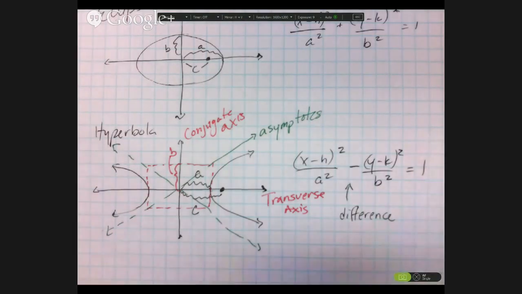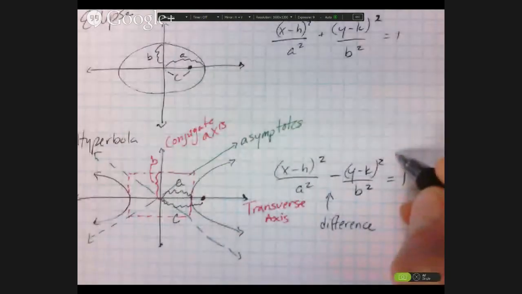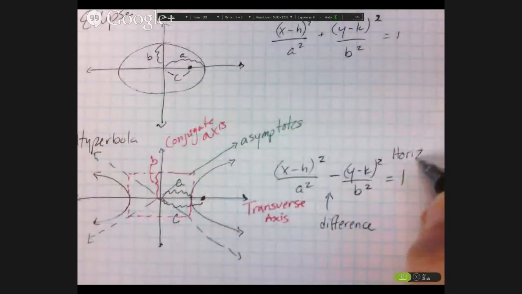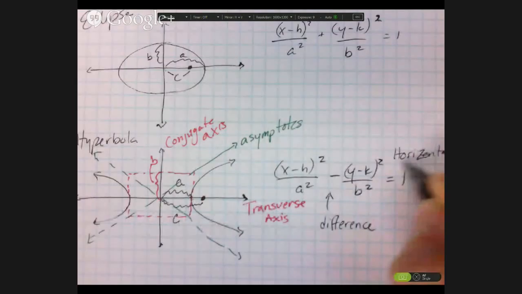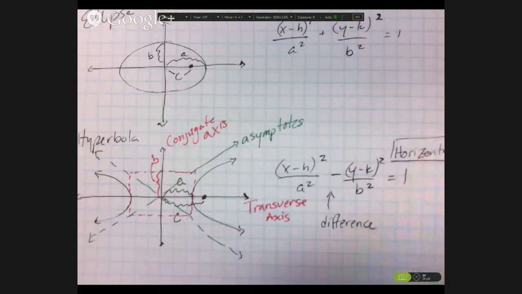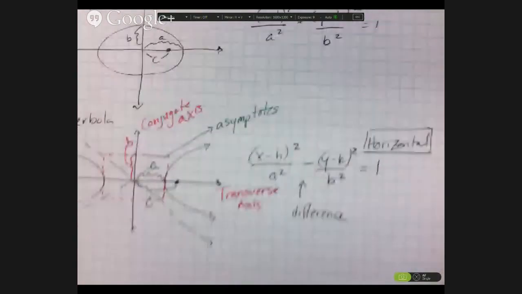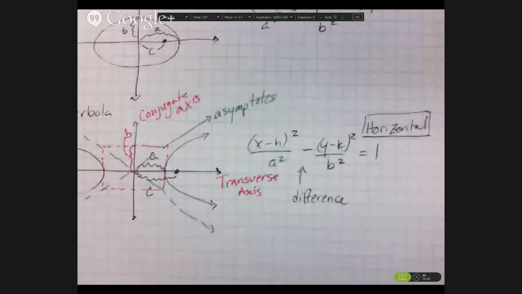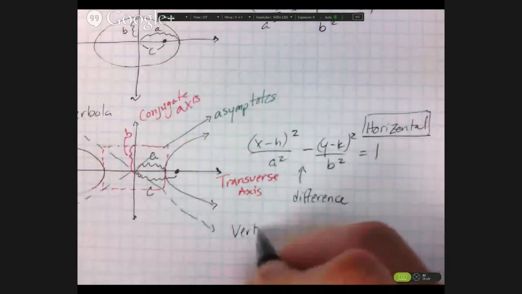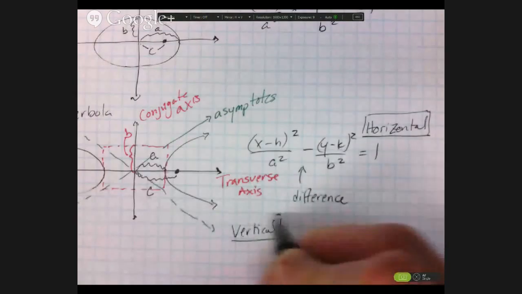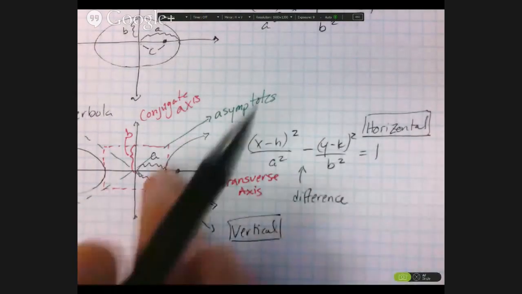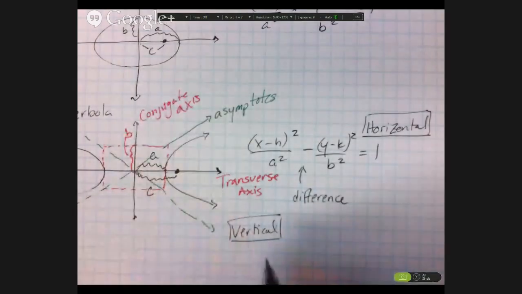Do you want me to write down the equation for a vertical as well? Okay, so that's horizontal. Vertical, keeping in mind these are all going to shift. You know, it rotates 90 degrees.